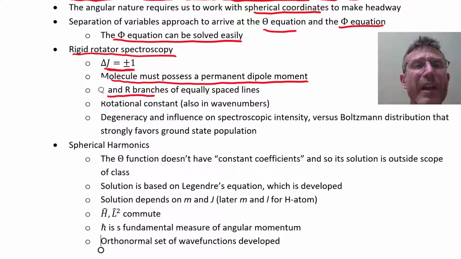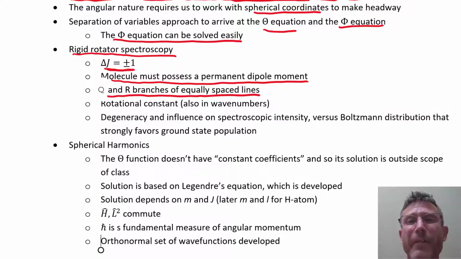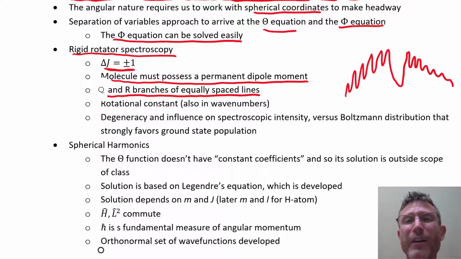We have these Q and R branches, so we talked about how there are these peaks and they look something like this. They're actually a lot finer than the way I've drawn them. And we've also talked about there being equal spacing between these peaks.